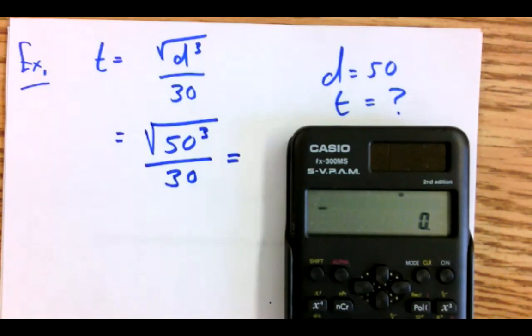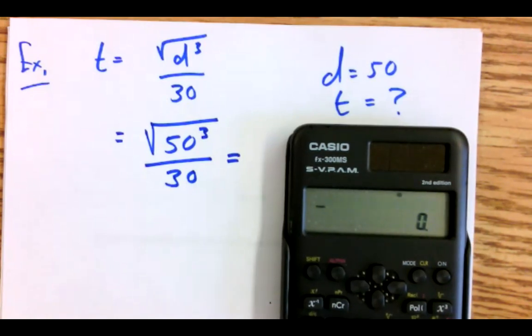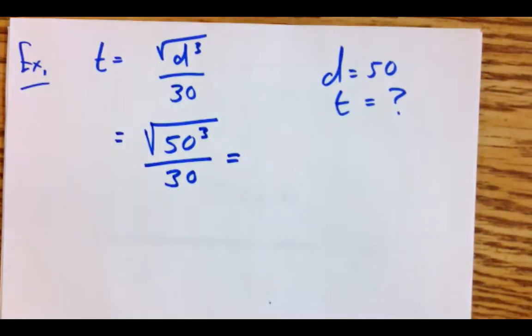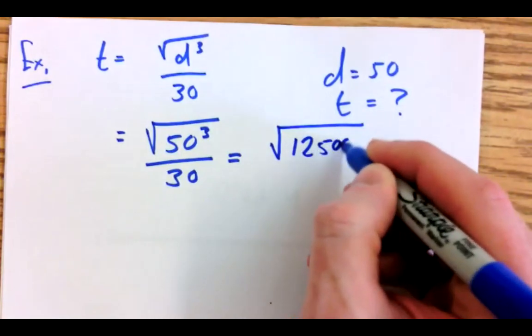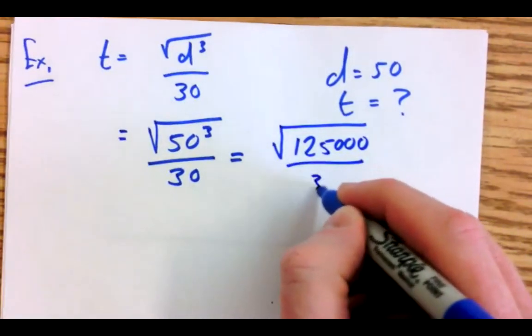So let's just cube 50 for starters. 50 raised to the power of 3. Anybody know this off the top of their head? I think it's 125,000. So it's 125,000 over 30.